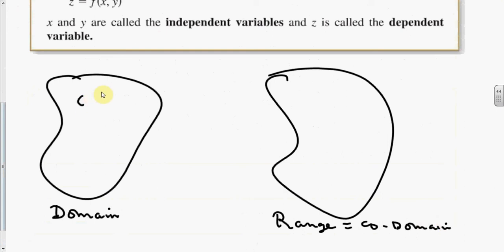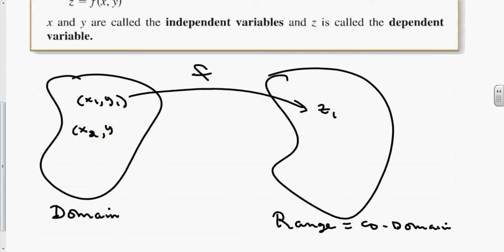So what the function f wants to do is to find an ordered pair in the so-called domain and map or assign to some unique number over in the range or the codomain here that we'll call z sub 1. And then it wants to take other ordered pairs as well and continue the assignment.